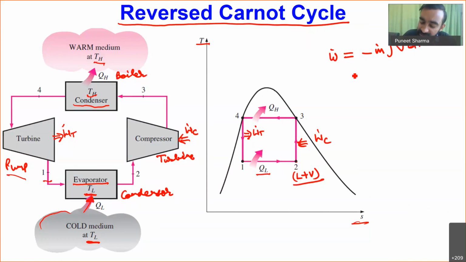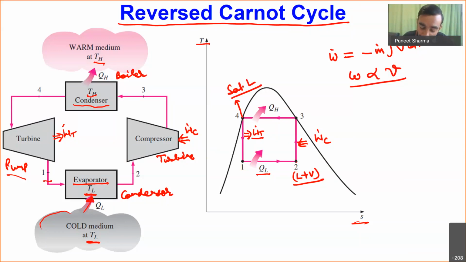So it means you can say that work done is proportional to specific volume. Okay, so over here, at point number 4, we have saturated liquid. Okay, and this saturated liquid is expanding over the turbine, and it is decreasing the pressure at the same point of time, doing some W dot T amount of work.